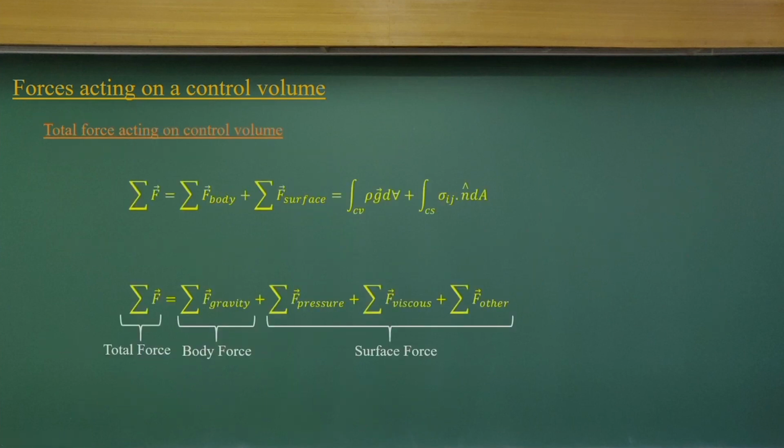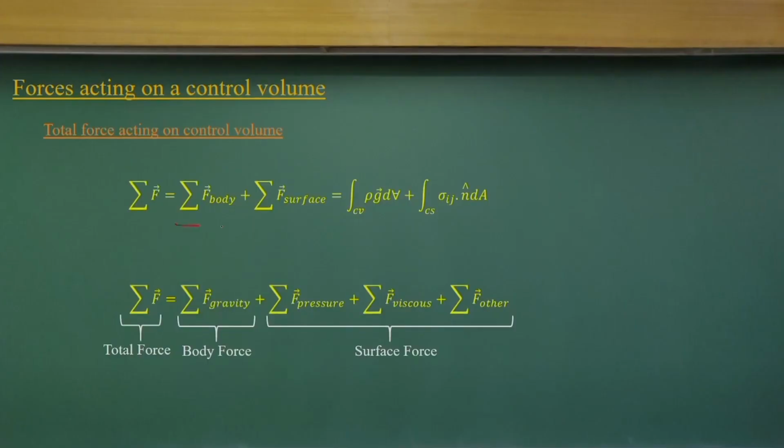If you look at these things, it looks very complicated, that we cannot apply it to the simple example problems we encounter as civil engineers or mechanical engineers. The total force acting on the surface will be the body force and the surface force, and these are two integrals we are talking about, one a volume integral, another a surface integral.